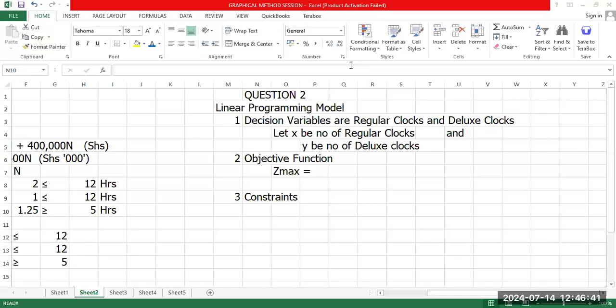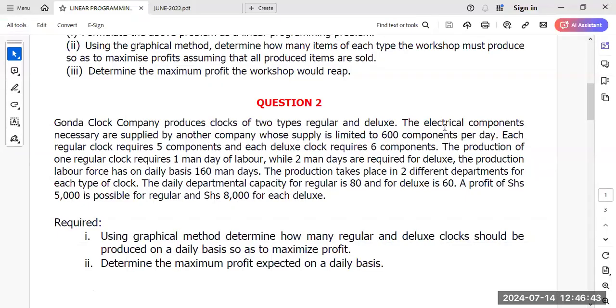So they are telling us that the electrical components necessary are supplied. Please, as you read, try to analyze, because this is a subject that requires you to apply critical thinking.